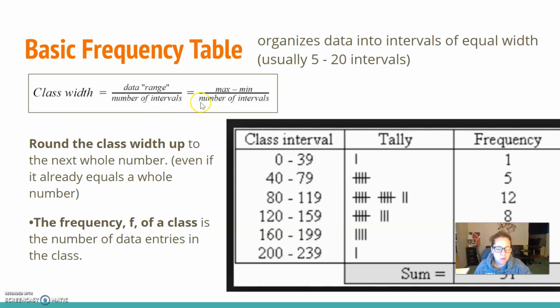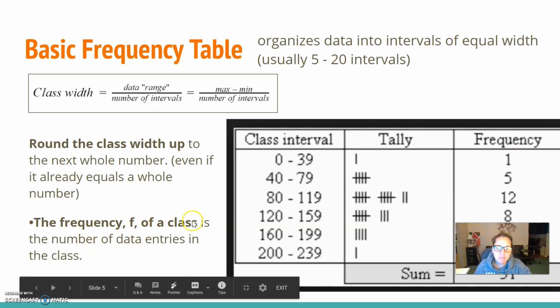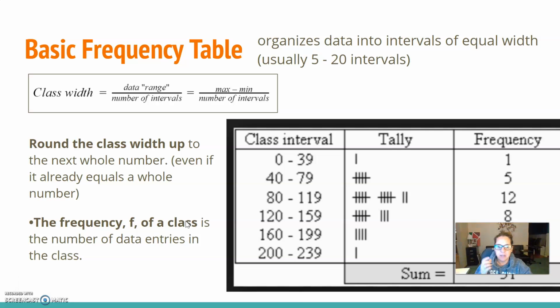And no matter what answer you get here, you always round it up to the next whole number. Even if your answer is a whole number, you bump it up. So don't think of it as rounding, think of it as bumping up. And then the frequency f of a class is the number of times that a number in your data shows up in that interval.